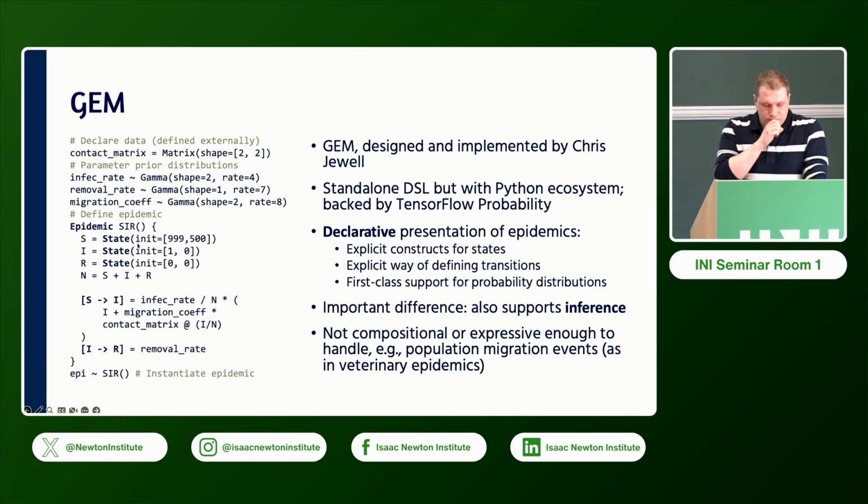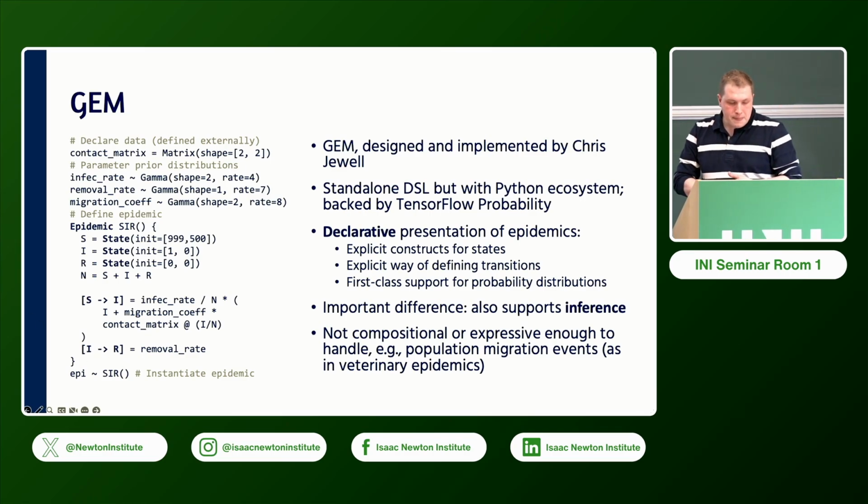And the idea here is it's much more specialized to epidemics, but also with quite a lot of probabilistic programming involved in it. So we've got a declarative presentation of epidemics. We've got explicit constructs for states and explicit ways of defining transitions. So here we've got the states, the S, the I, the R. We've also got a transition from S to I and a transition from I to R. But on top of that, we've actually got some first-class support here for probability distributions at the top.